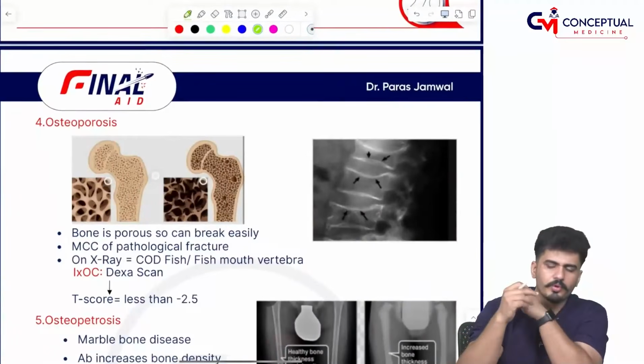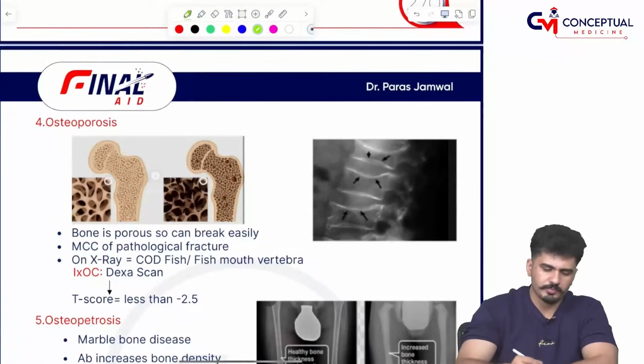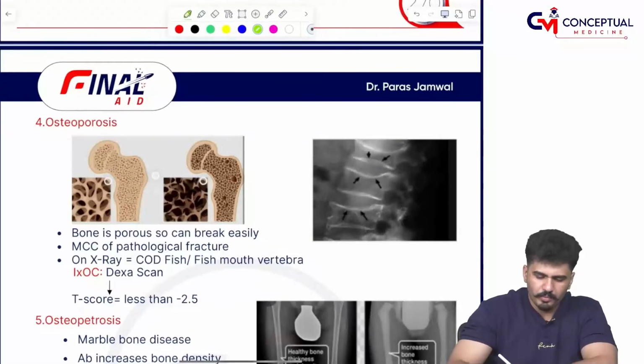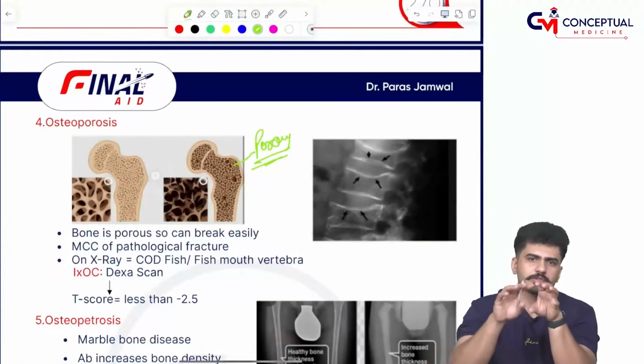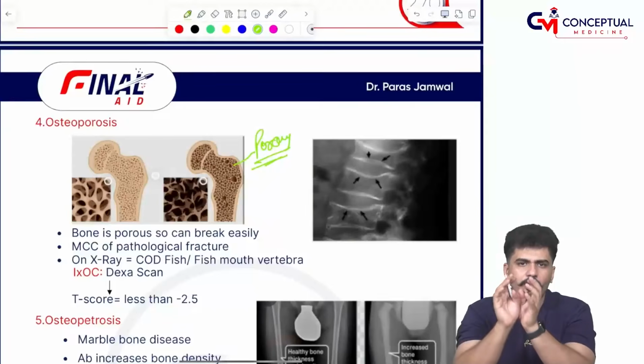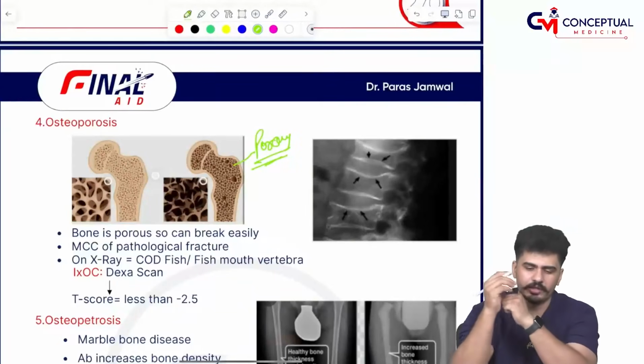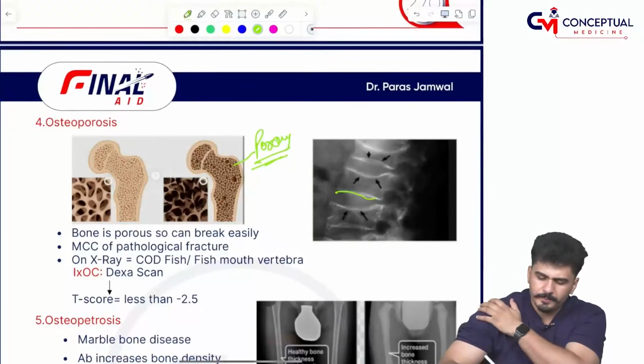Coming to osteoporosis. Now, what is happening in osteoporosis? My dear friends, in osteoporosis you will see the bone is porous, hollow from inside, and an easily breakable bone. Also on the X-ray, on the vertebra you are going to see fish mouth vertebra.